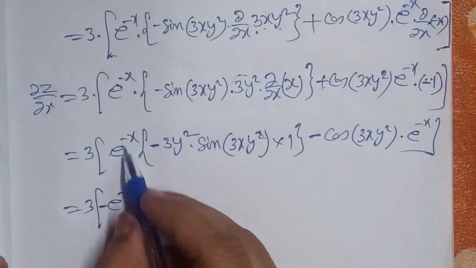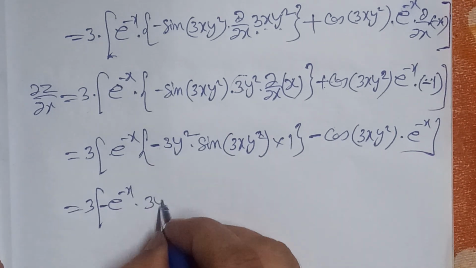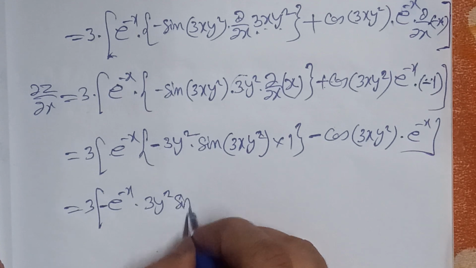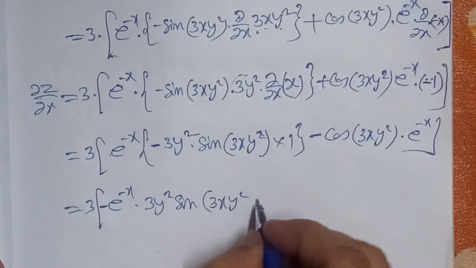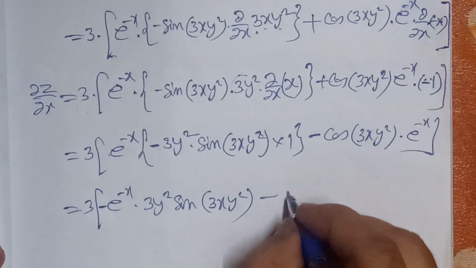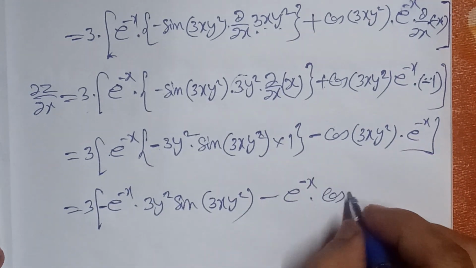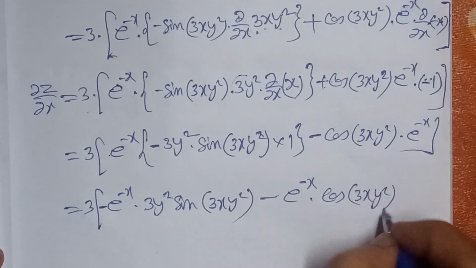Write minus first in the beginning, and write e^(-x), and also write 3y² sine of 3xy², and you can write e^(-x) first, and then write this function cos(3xy²).